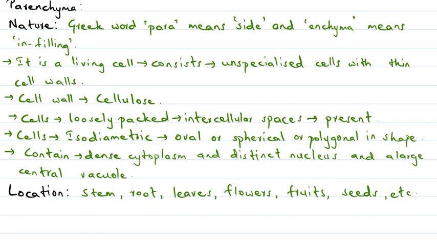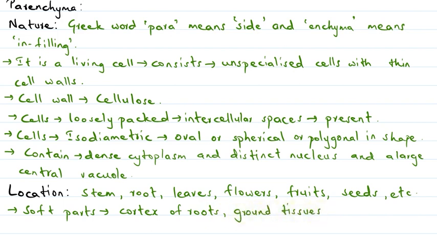Now, the parenchyma tissue is also found in soft parts of the plant, like the cortex of roots, then in the ground tissues in stem, and in mesophyll of the leaves.